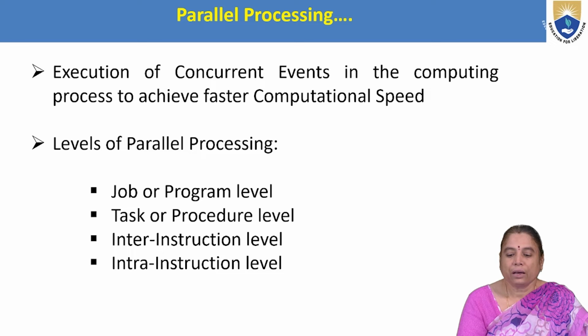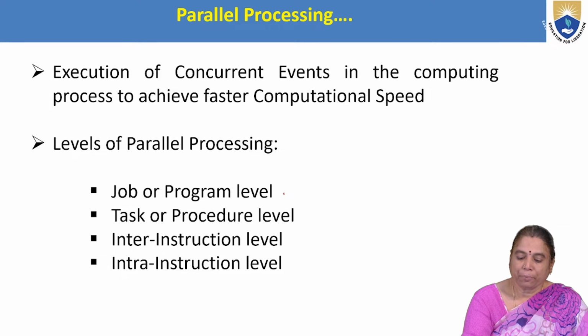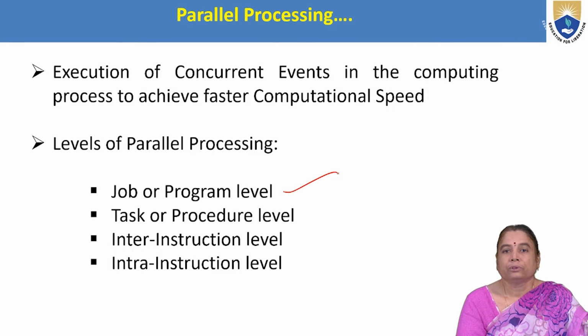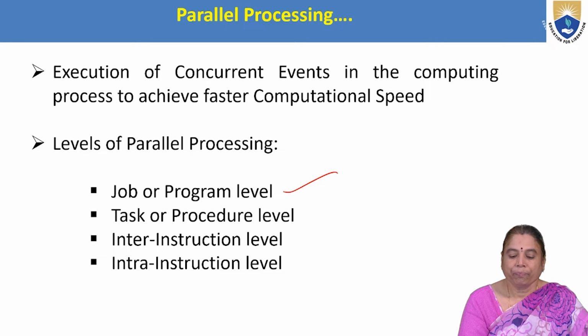The execution of concurrent events in the computing process to achieve computational speed is referred to as parallel processing. Parallel processing can be achieved at various levels. It can be applied at the job or program level, so that multiple programs can share data and execute concurrently.